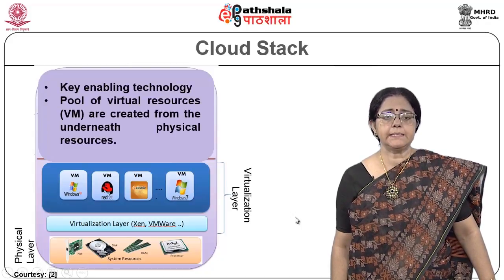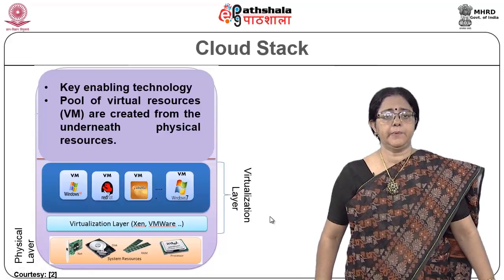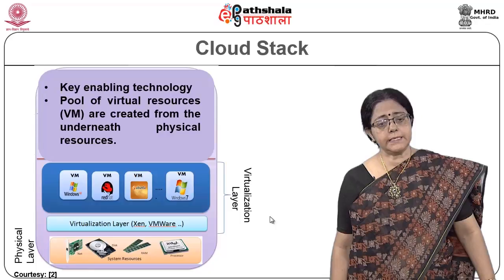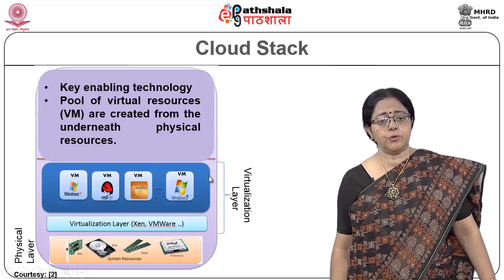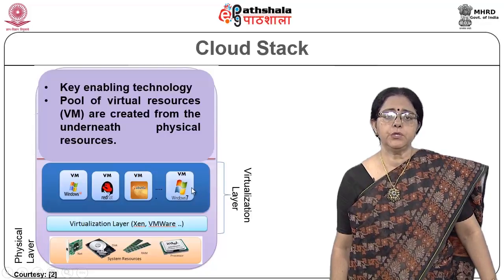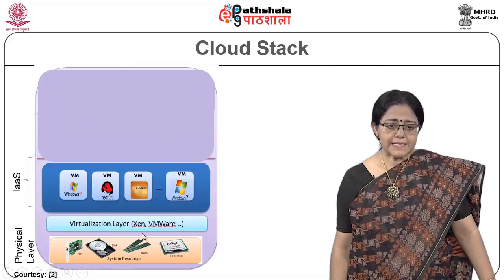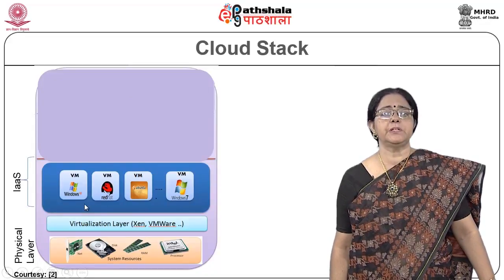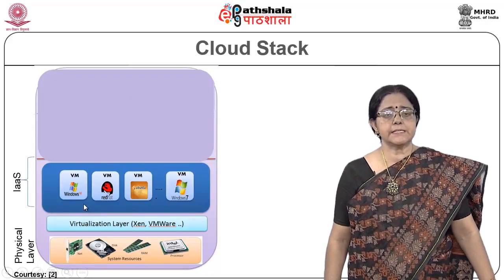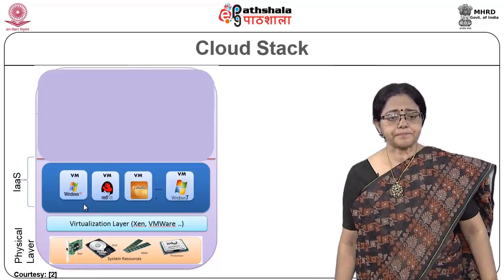This layer is the key enabling technology, and it creates a pool of virtual machines, and these virtual machines will be used by the users in some form or other. Now, this layer of virtual machines forms the first service model, which is the infrastructure as a service model.